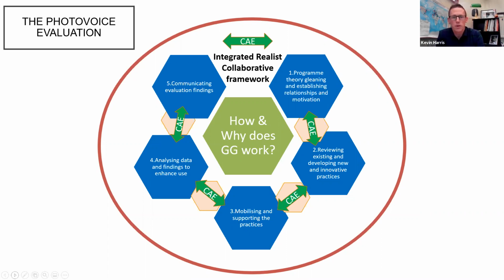The first thing that we did, before we even decided that we were going to go for photo voice, was some program theory development and gleaning. That was basically the first step. What did the apprentices and the practitioners think of the program? What did the program consist of? What were their insights? From that, we led into the second stage of reviewing existing and developing new approaches.